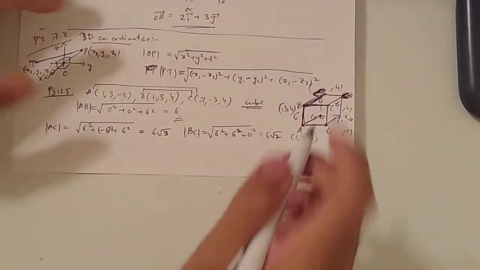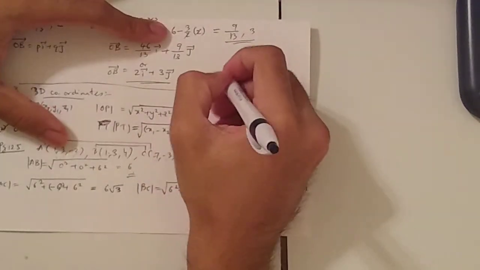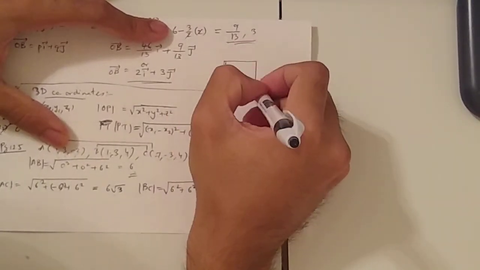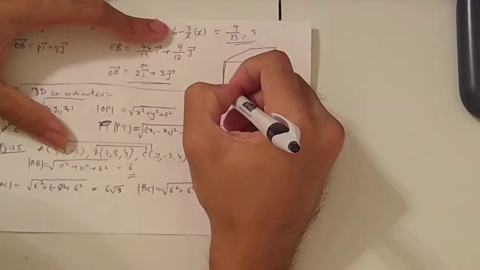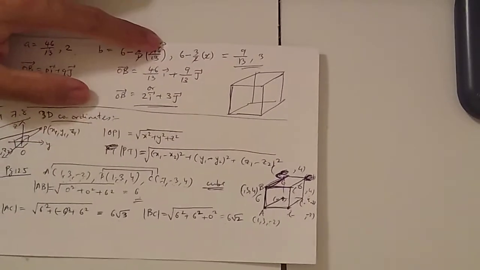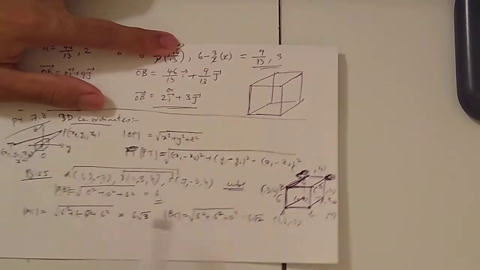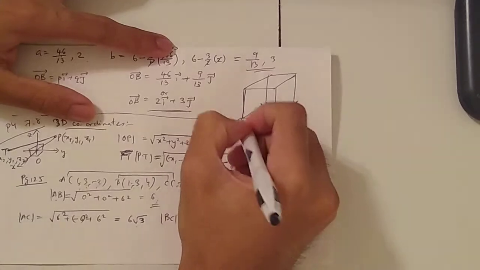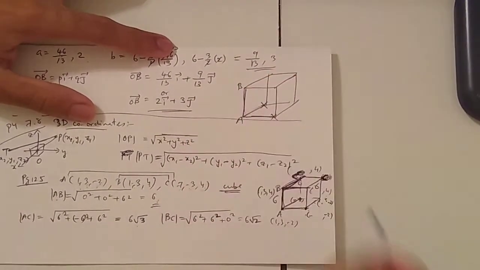Let's redraw the diagram actually. Since AB is equal to 6 but AC is not equal to 6, therefore this point is out, this point is out, because this was A. A and C are not along the same edge.